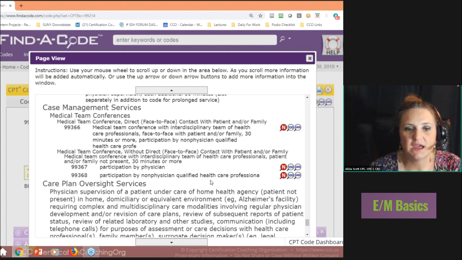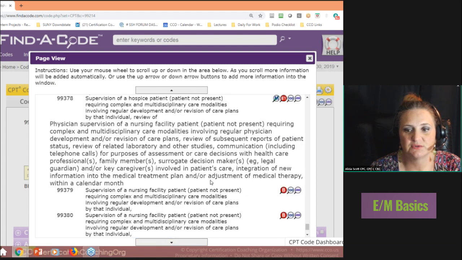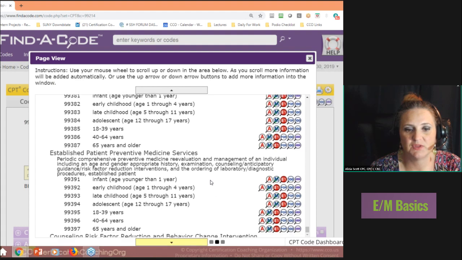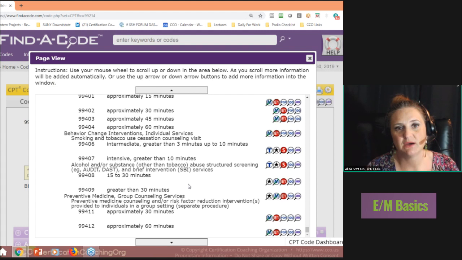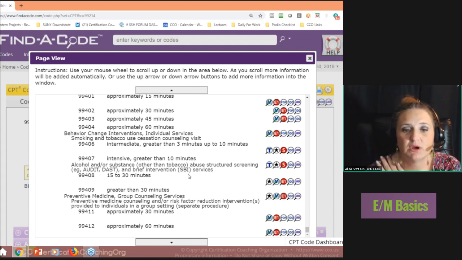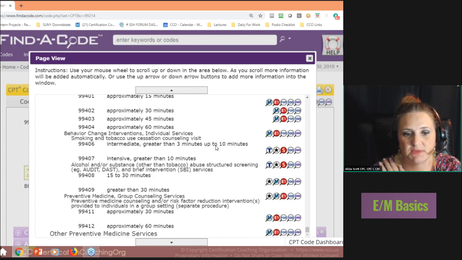Okay. And we can go on, but I'm not going to show you more of those. The way we're going through them now is how they're set up in the E&M section. All of these are considered evaluation and management codes, right? Well, look again, another time-based counseling risk factors, right?